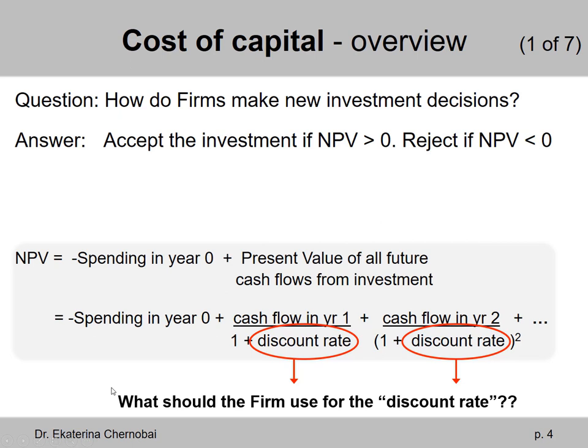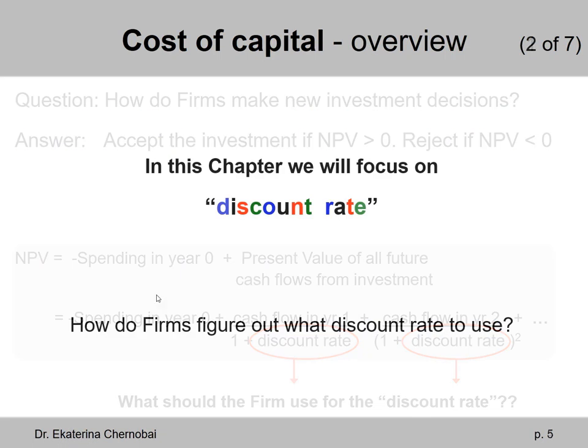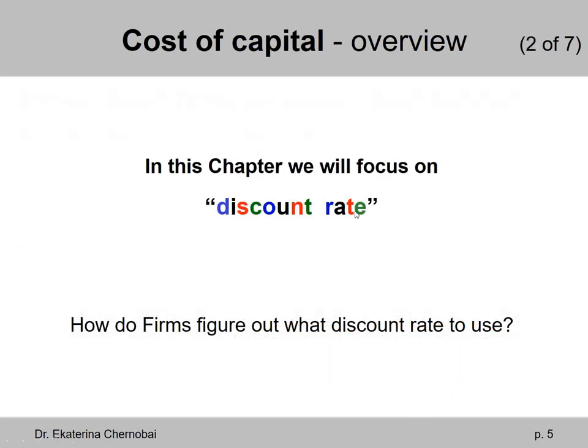So what should the firm use for the discount rate when it's trying to find out whether a new investment is worth it or not? This is what these chapters focus on, the discount rate. So how do firms figure out what discount rate to use?